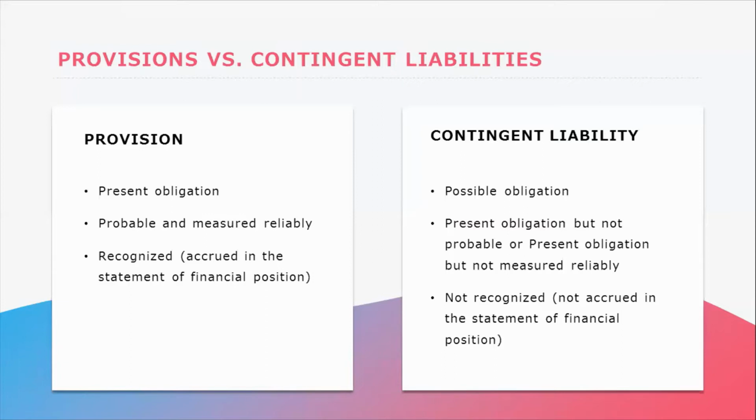Measured reliably means either we know the face amount, or we can determine how much, or we can estimate it. And the term best estimate means there is really a basis, it is not just made up. A contingent liability is also a present obligation, but not probable, because the obligation is possible, or a present obligation but not measured reliably.